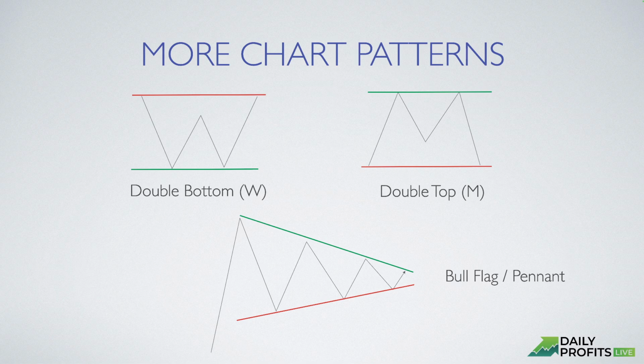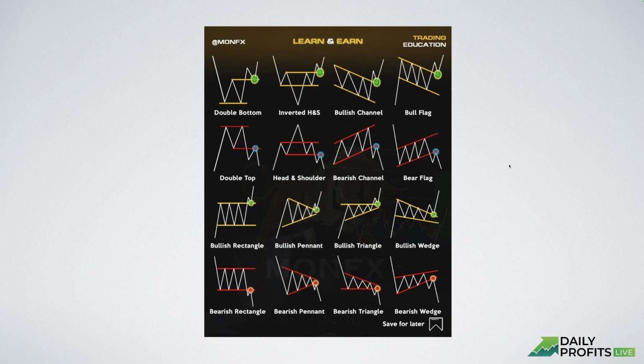So far, we've seen our ascending triangle, descending triangle, our W pattern, our M pattern, our bull flag, our pennant, our head and shoulders, and inverted head and shoulders. Now these are just lines in a presentation, but understanding how these look in real life matters.